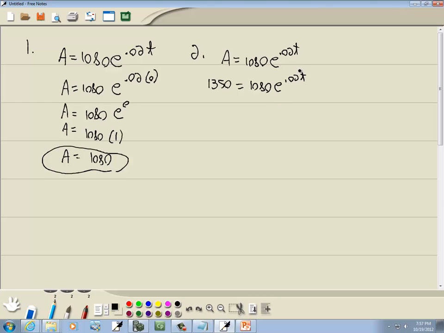Now this is an exponential equation. Anytime you have a variable in the exponent, it's an exponential equation. And if you remember our steps from the previous lesson, solving the exponential equation, you get the part with the variable in the exponent by itself. It's not by itself, it's got a 1080 in front of it. So we're going to divide both sides by 1080.